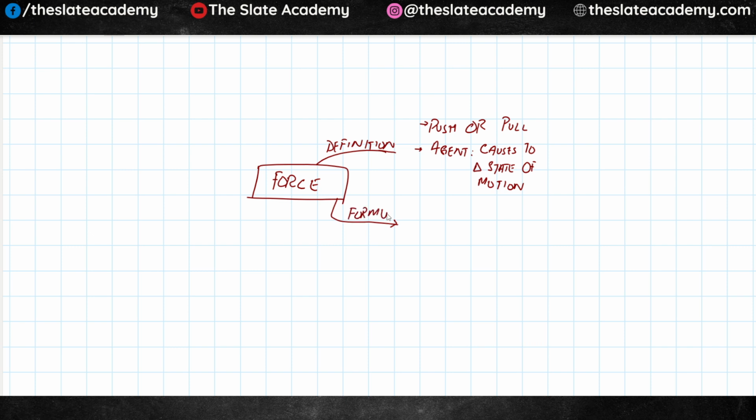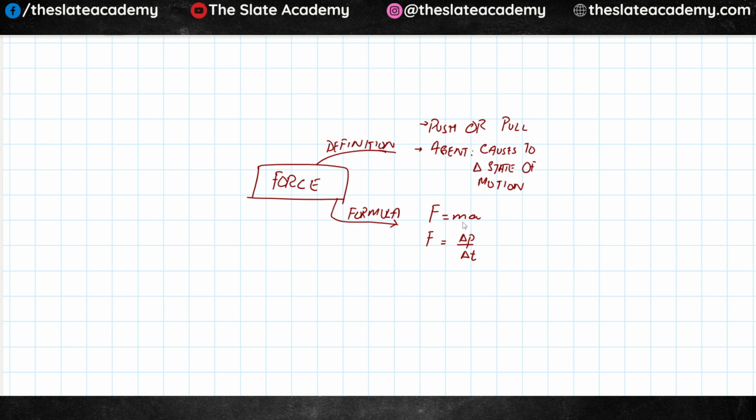Okay, two main ones are F is equal to ma and F is equal to delta P by delta T. Both are in a way the same formula. I can derive one from the other, and I'll show the derivation of how one can prove to be the same as the other.